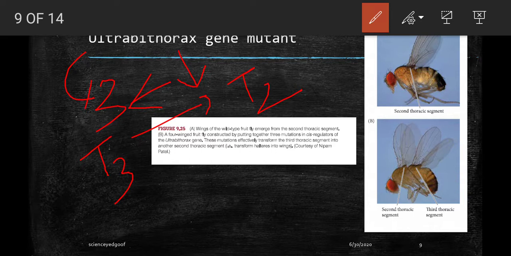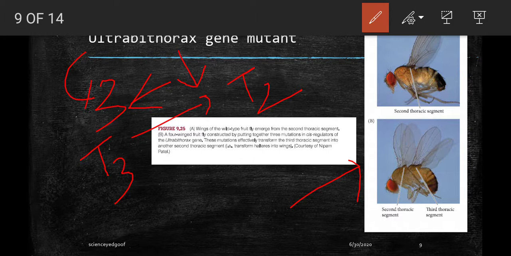So this results in the fly with 4 wings. The halter is gone because it is mutated. So instead of 2 wings, you can see 4 wings. And this is very embarrassing for the fly, because the classic 2-winged fly is also referred to as dipterans, because these insects have only 2 wings.